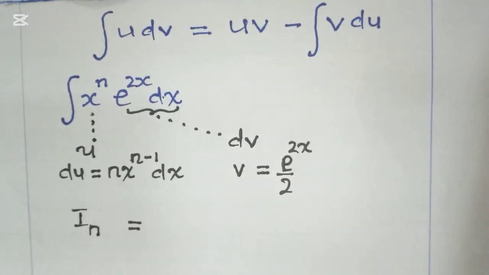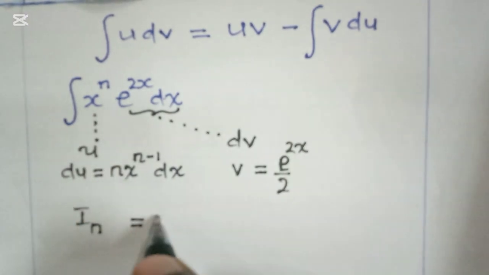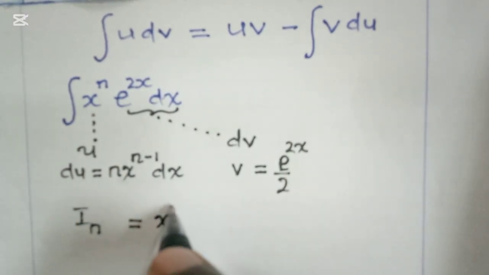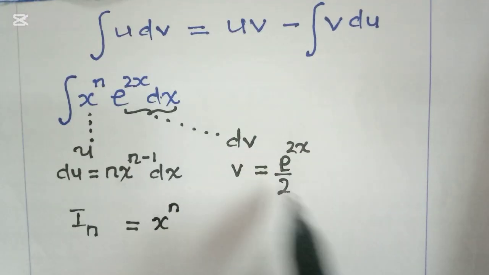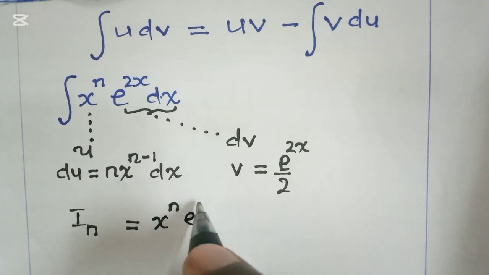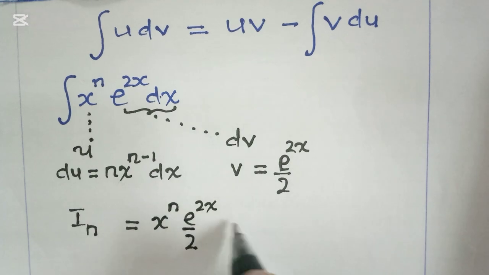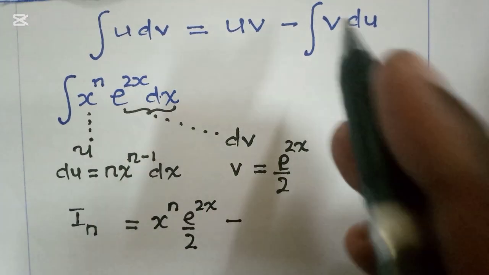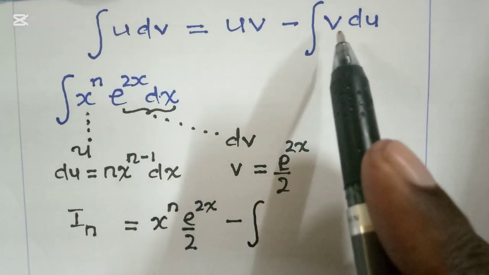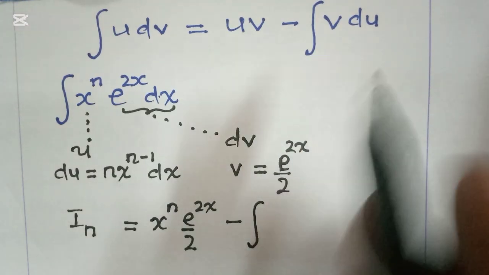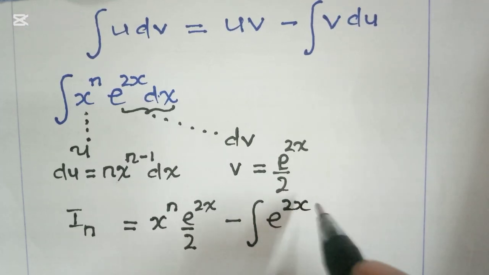Then we shall have our u is supposed to be x raised to n. Then our v is supposed to be this v, which is e raised to 2x all over 2, minus the integral of v, I write that, e raised to 2x, like that, all over 2.